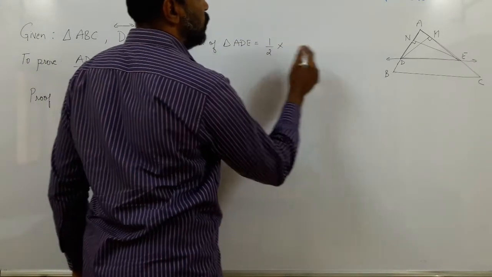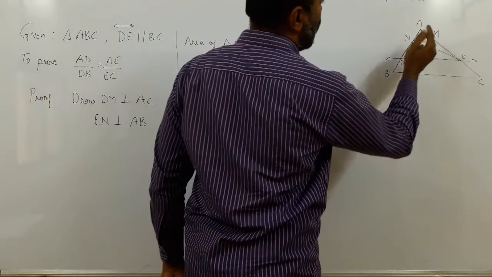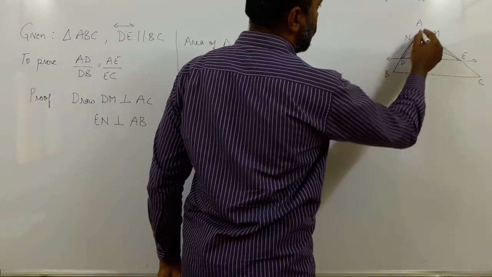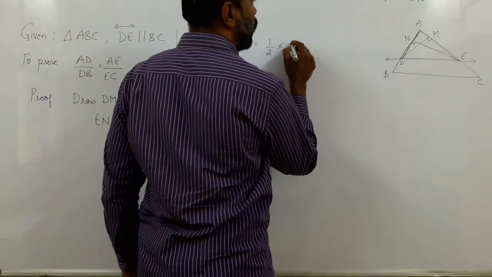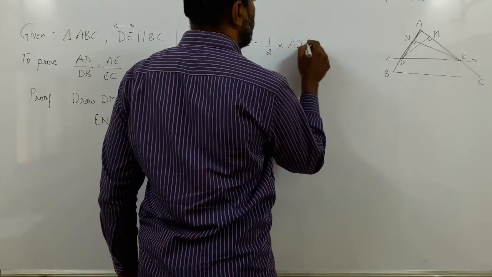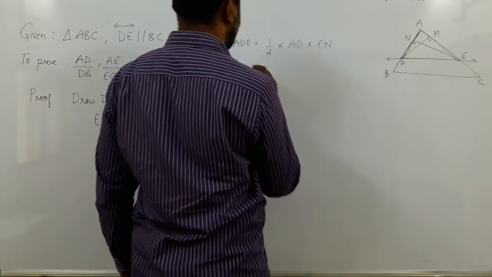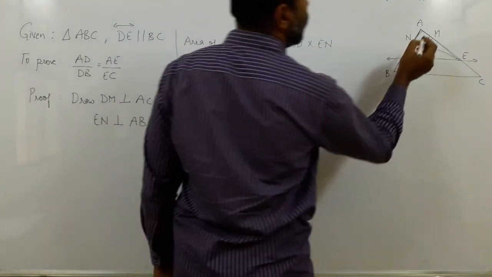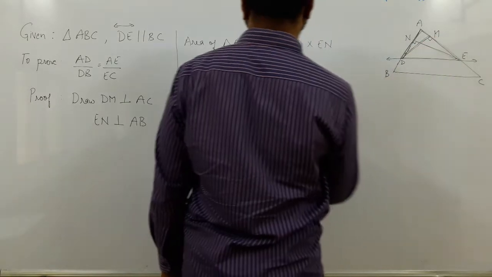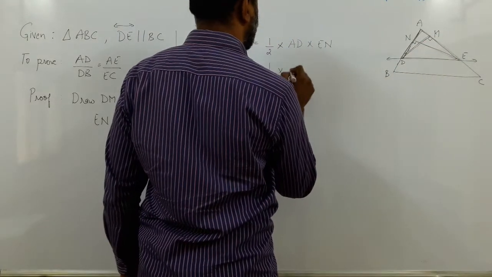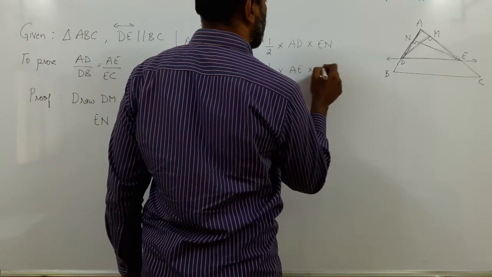If I take AD as the base, then EN is the altitude. So I write half into AD into EN. But if I take AE as the base, then DM is the altitude. So half into AE into DM.